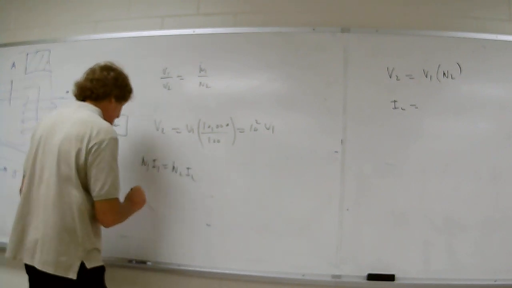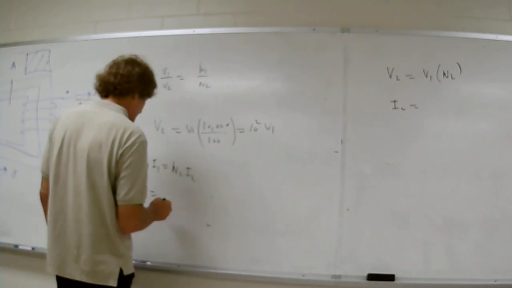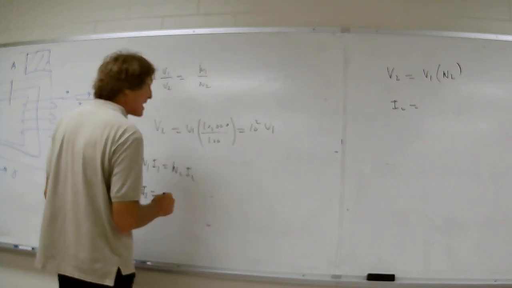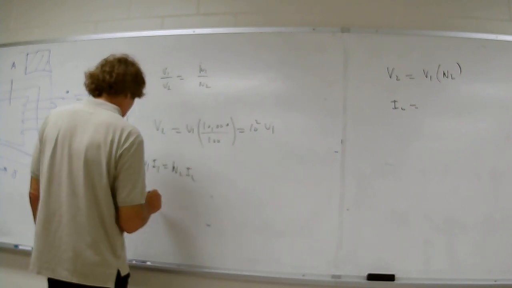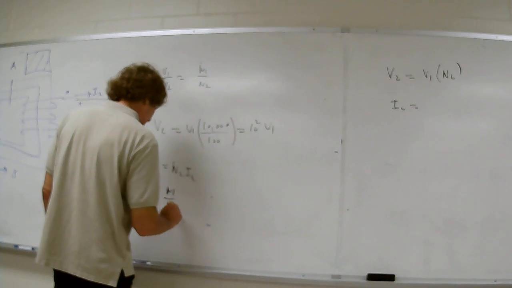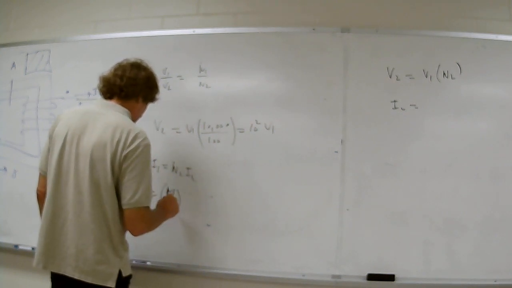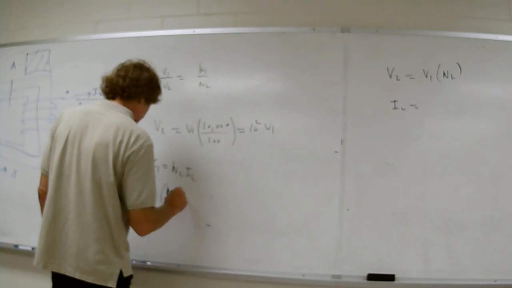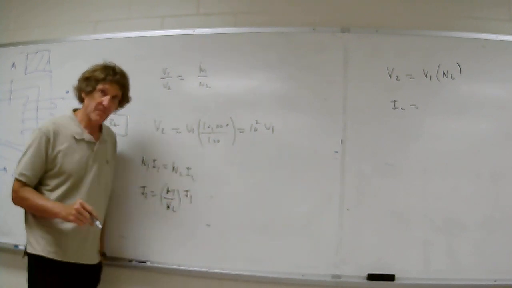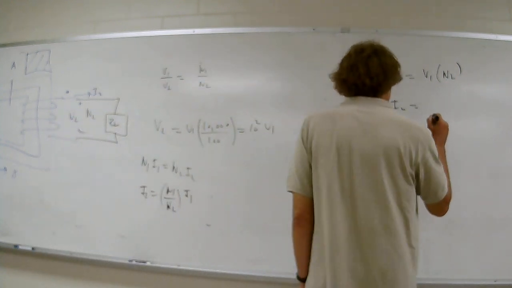All right, so I2 itself is equal to N1 over N2 times I1. Does everybody follow me? Yeah. All right, so come over here. So it's N1 over N2 I1.